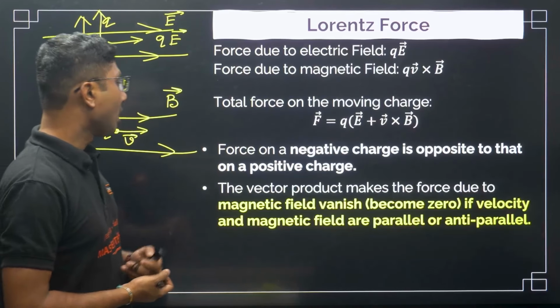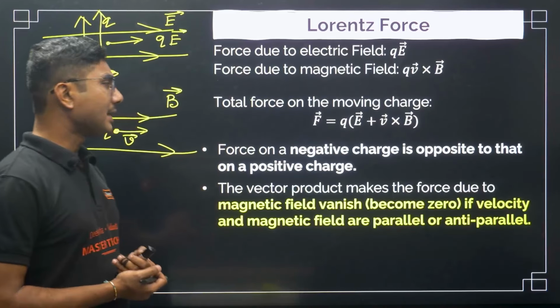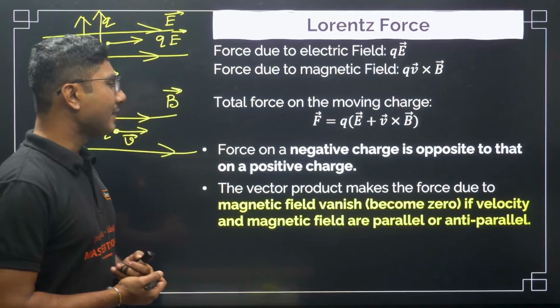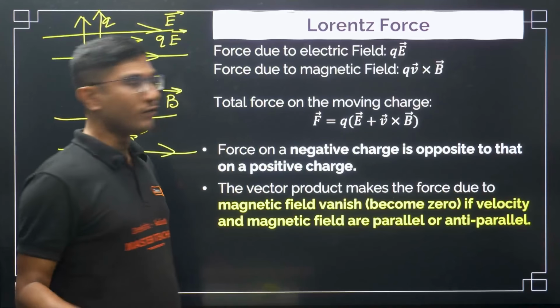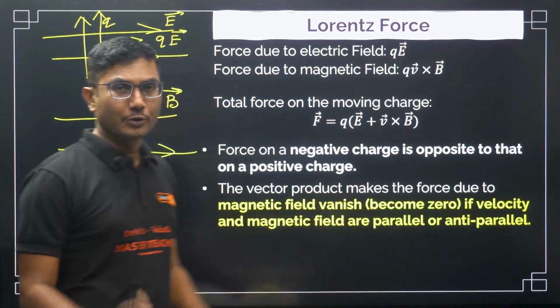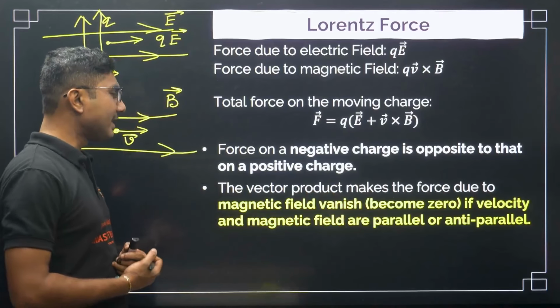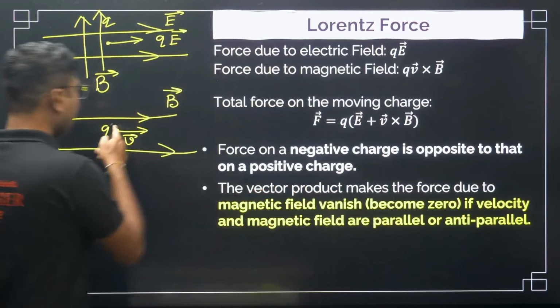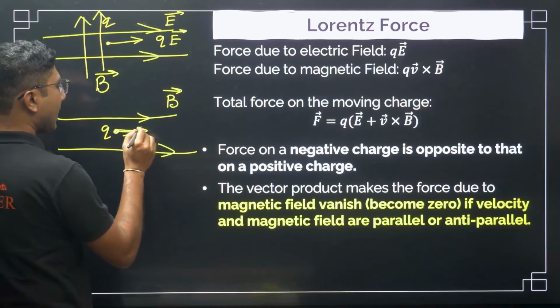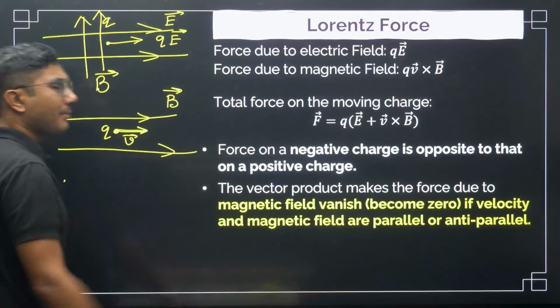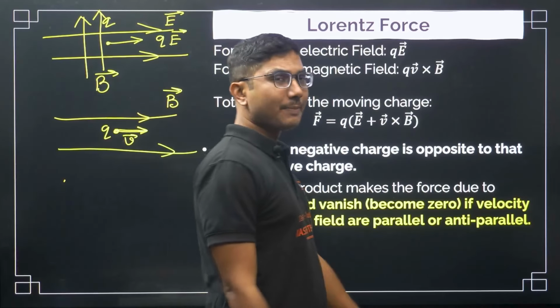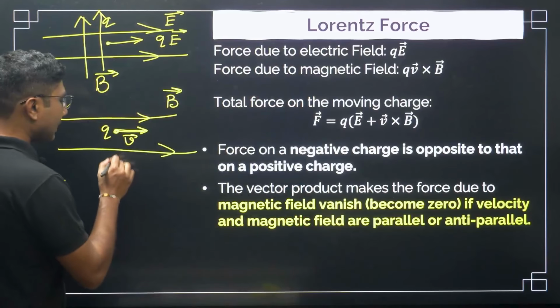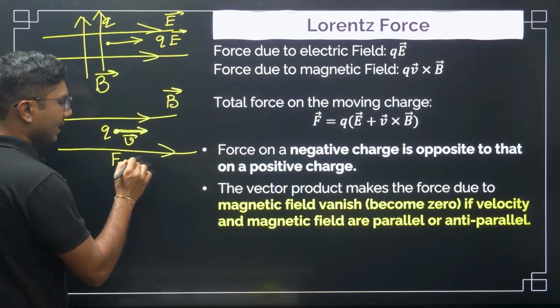The vector product makes the force due to magnetic field vanish, or become zero, if the velocity and magnetic field are parallel or anti-parallel. For example, in the diagram I have drawn, velocity is parallel to the magnetic field, so the magnetic force becomes zero.